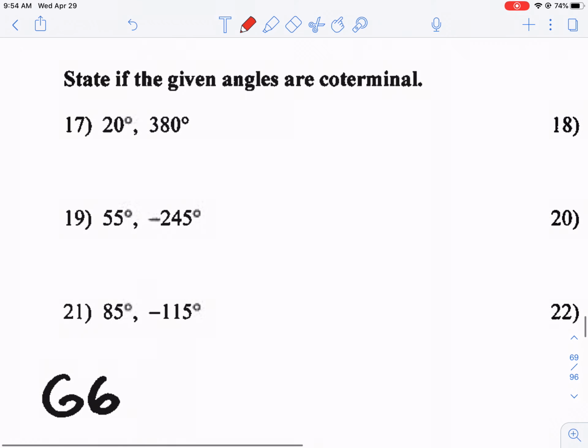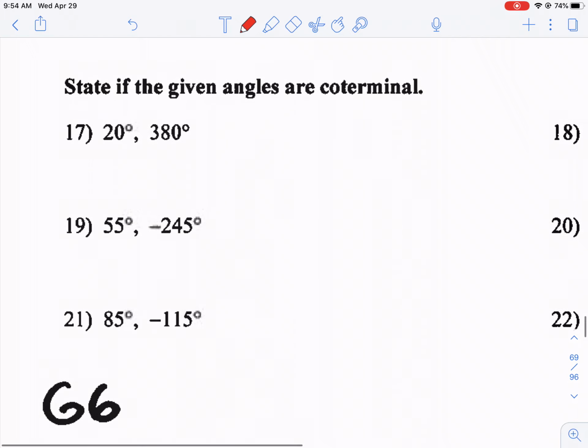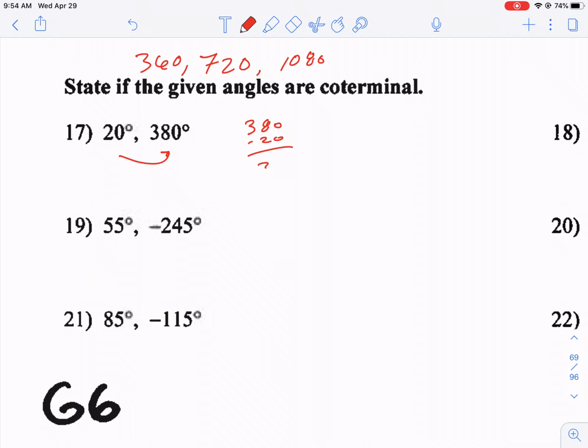Let's come down here. State if the given angles are coterminal. What you need to determine, in order for them to be coterminal, is are they 360 degrees apart or some multiple of 360, right? So they could be 360 degrees apart. They could be 720 degrees apart. 1080. Okay. So these two angles right here, if I take 380 and I subtract 20, that's 360.